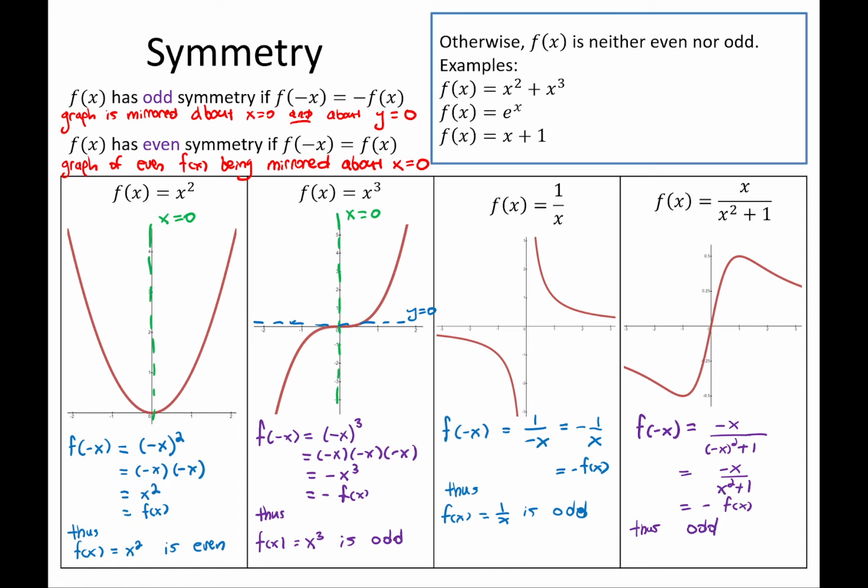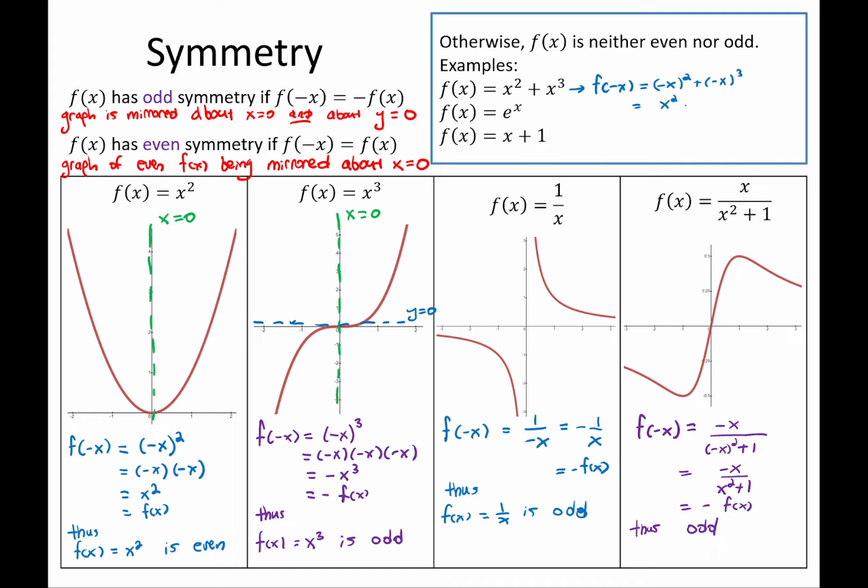Now, in the top box are three examples of functions that are neither even nor odd. I just want to show you what happens if you attempt to assess their even or oddness by using this method. So f of negative x, we're going to get negative x all squared plus negative x all cubed.